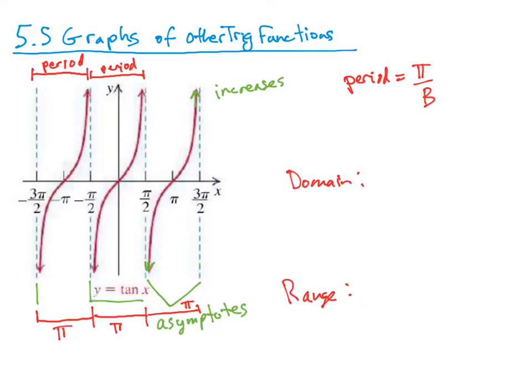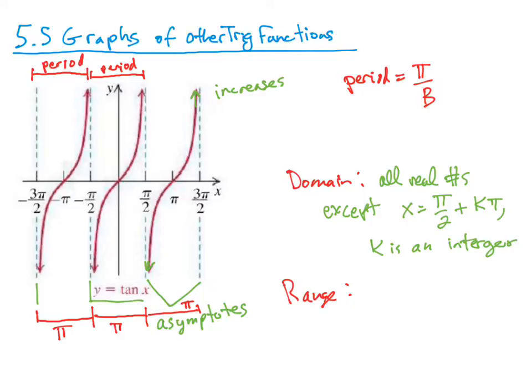What we would say for the domain here is it's all real numbers except where x is equal to pi over 2 plus k pi, where k is an integer.